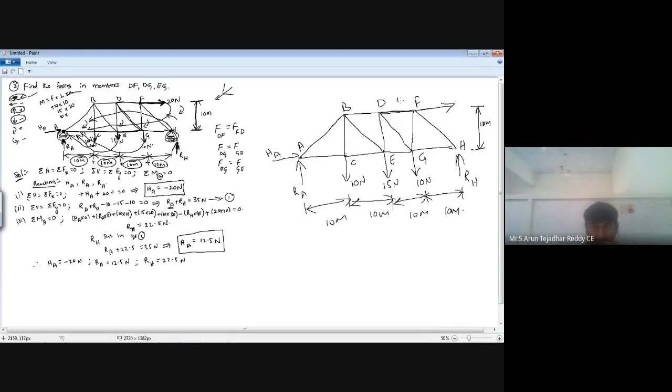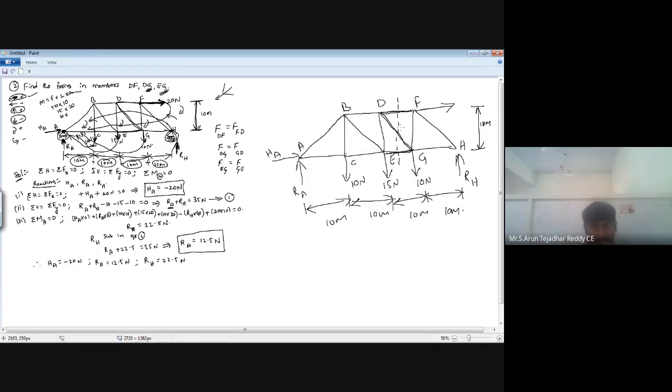So cut the section like this, and DG, this is the DG member. And EG, this is the EG member. So like that, we should cut the section.